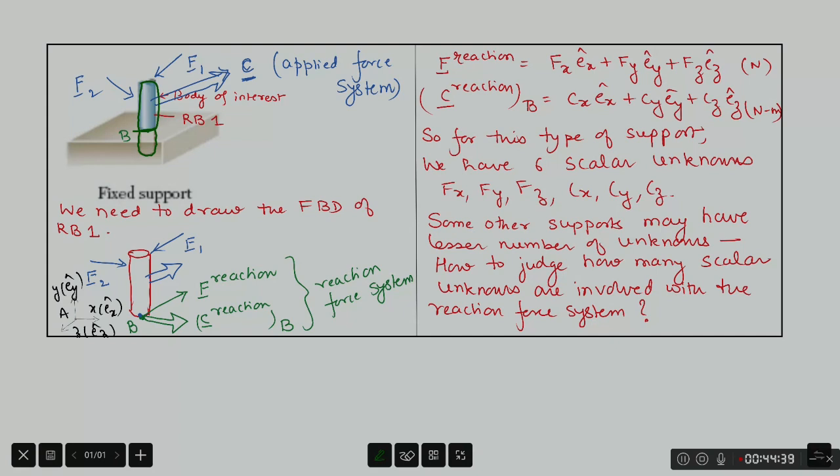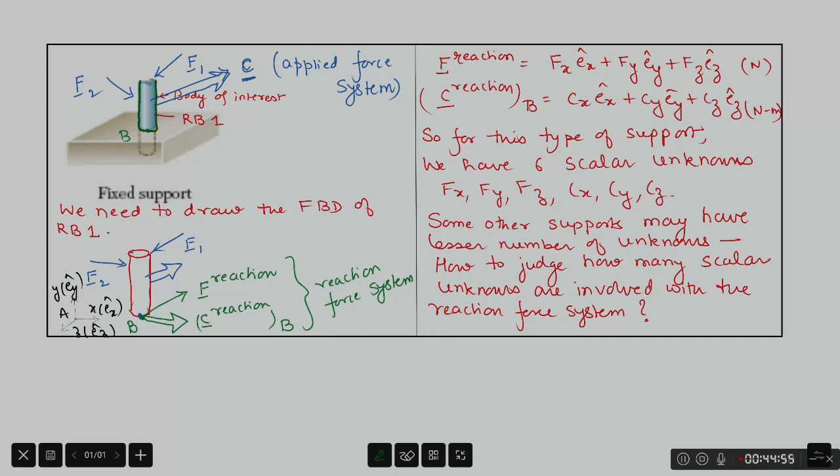This is the body of interest, RB1. This is the applied force system, F1, F2, some non-coupled forces, and then a torque is acting. We need to draw the free body diagram.